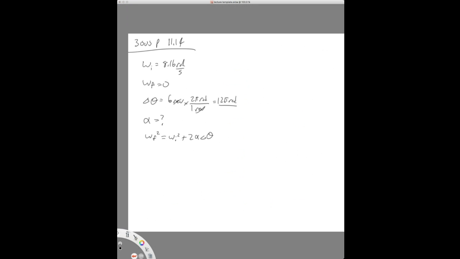My omega final is 0, so I can cross that out. And maybe move the omega initial squared to the other side. Then we divide both sides by 2 and by delta theta. So minus omega initial squared over 2 delta theta equals alpha. My alpha would then be minus 8.16 squared over 2 times 12 pi.